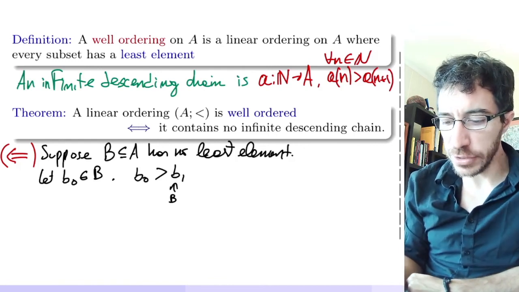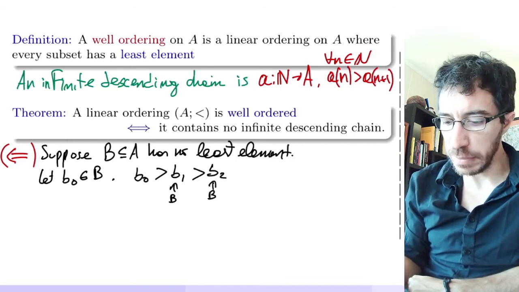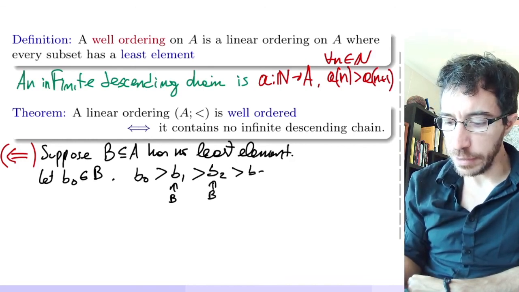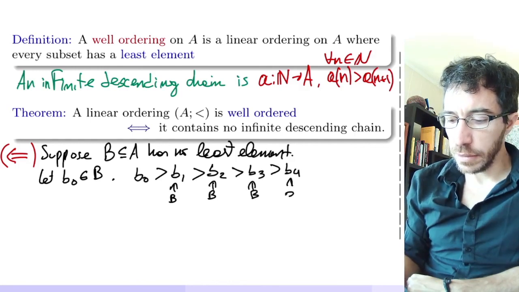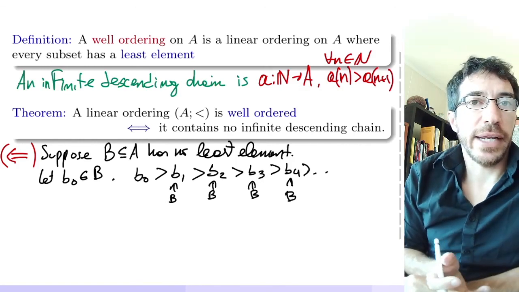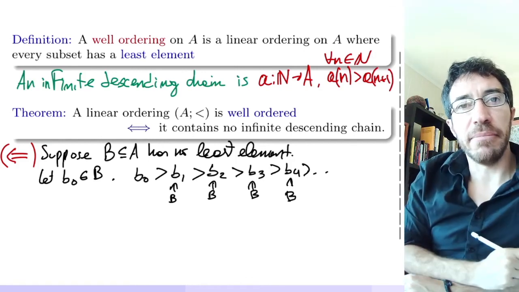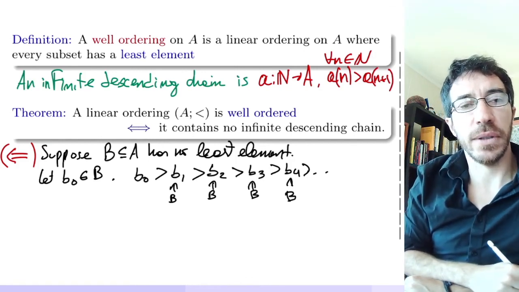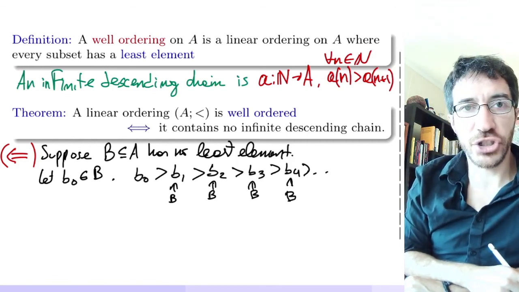B has no least element, so B1 is not the least one, so there must be a smaller element in B. That one is not the least either, so there must be a smaller element in B. And we continue like that. Since there are no least elements, we are always able to find another element below, right? So that's how we build our descending chain.